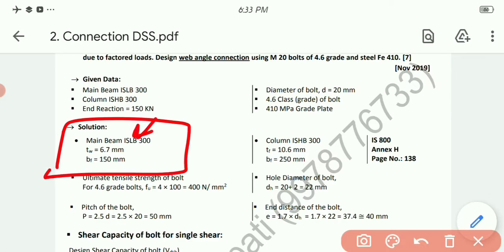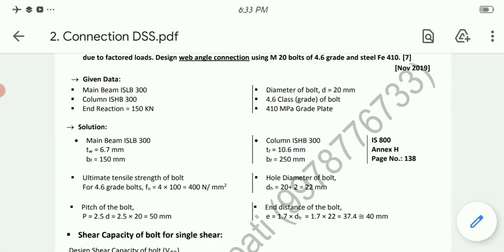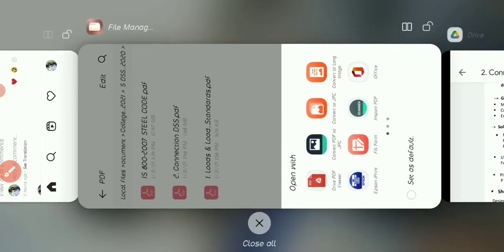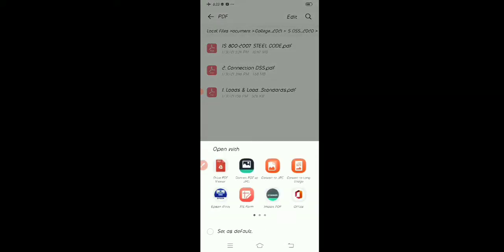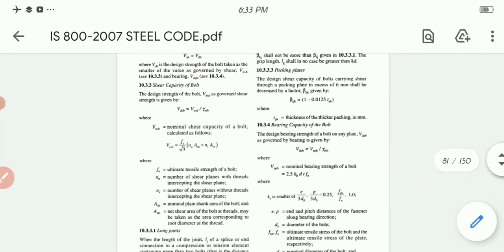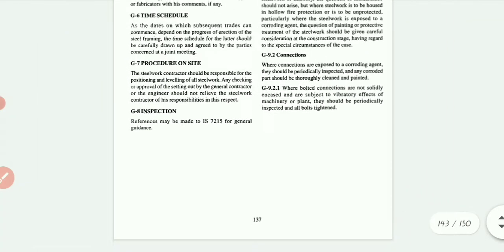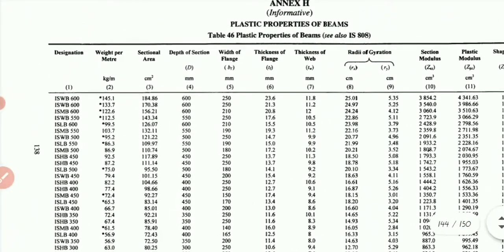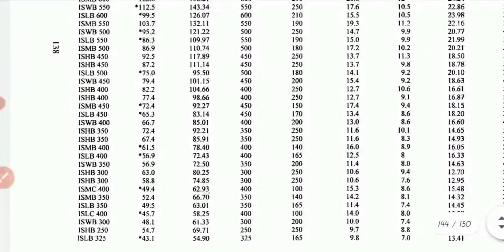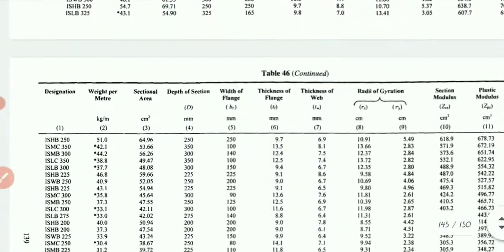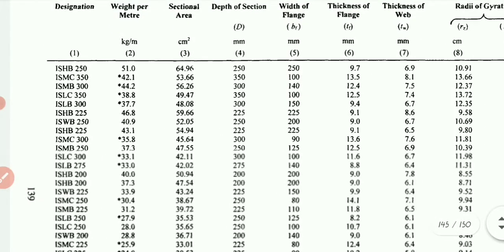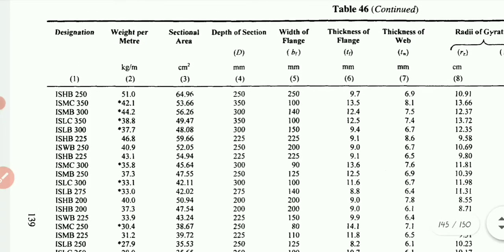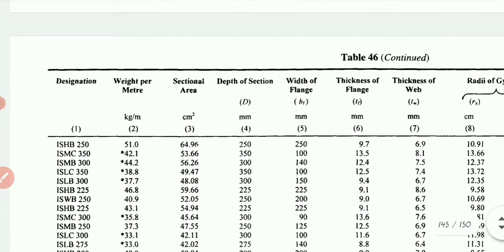First of all, main beam ISLB 300. Let's go to page number 138. We can see here ISLB 300.